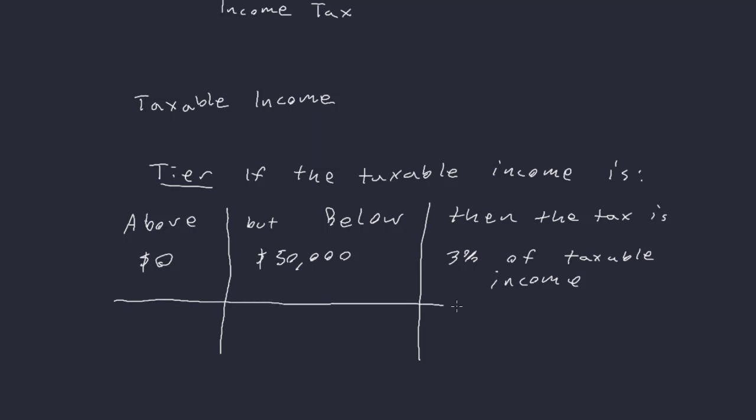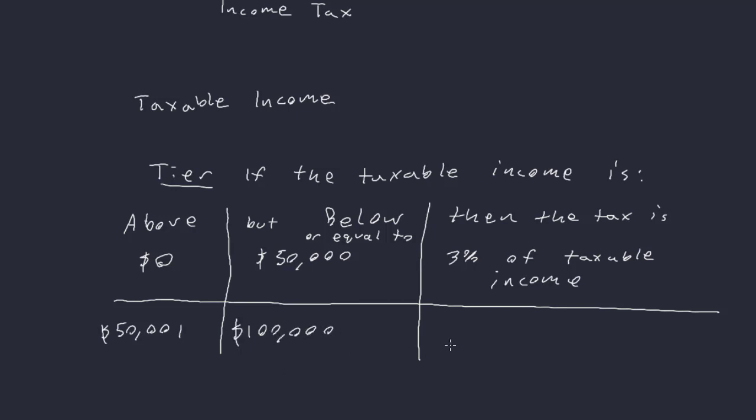Okay, then the next tier, right, you'd be above 50,000, and really one of these would include the 1, so you'd be above this but below, and often it says or equal to, right? And then here you'd be above 50,001 up to, let's say, 100,000.